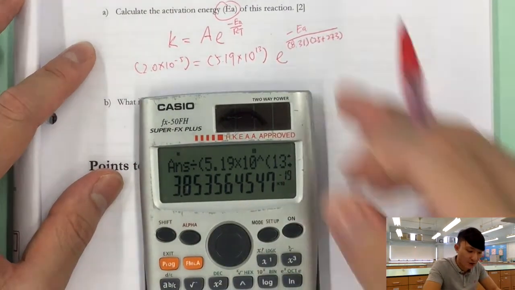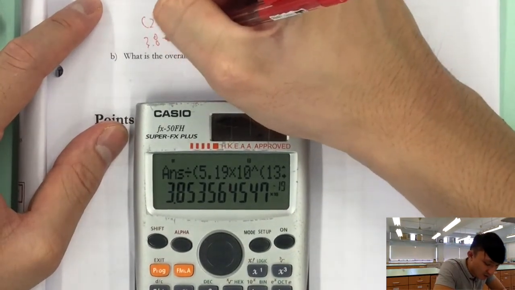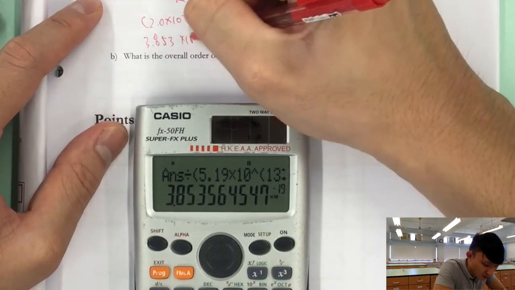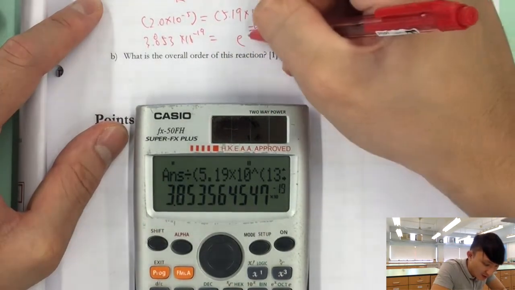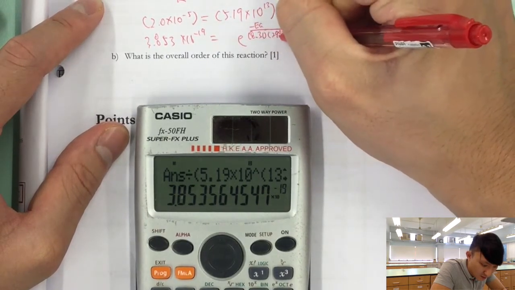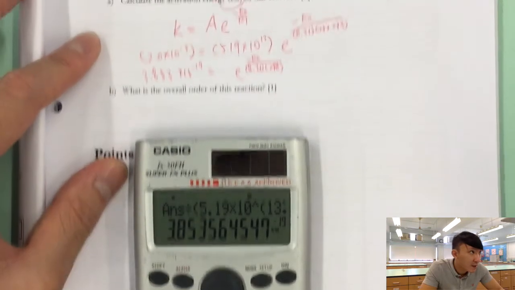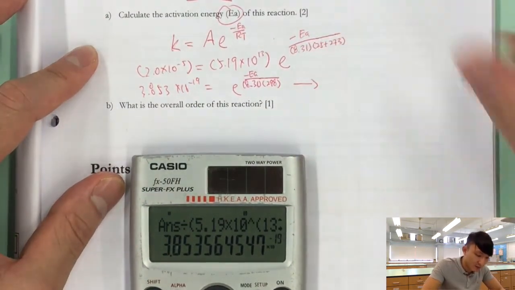Just in case you can't follow. Now we should have this one on the left, and still with the e terms here. Okay?